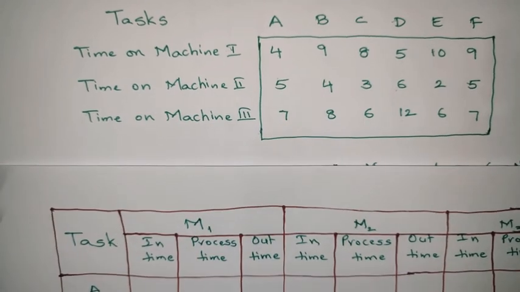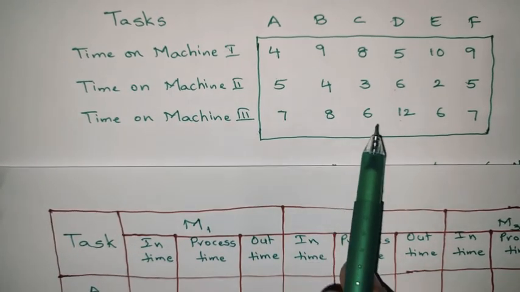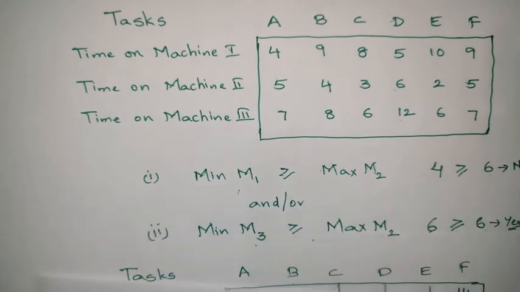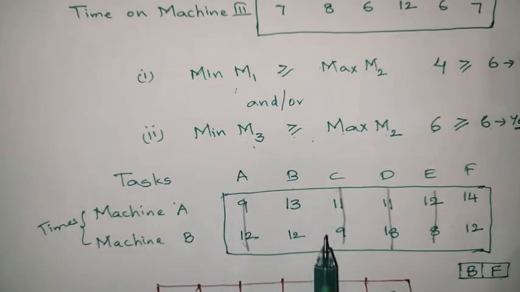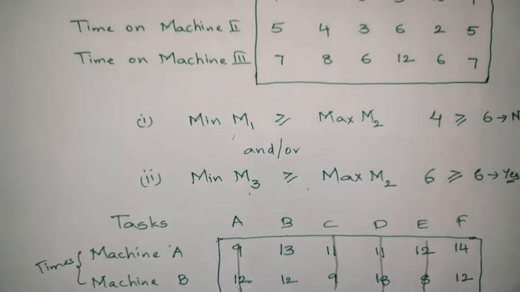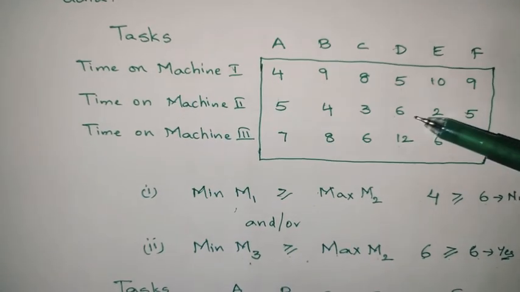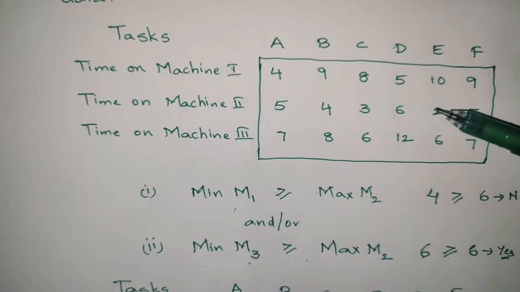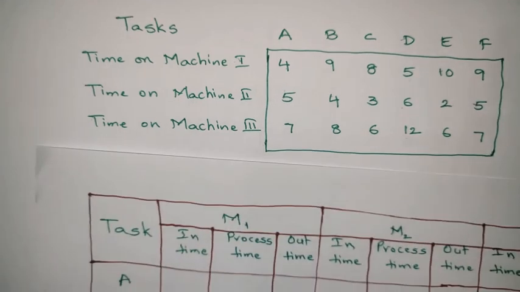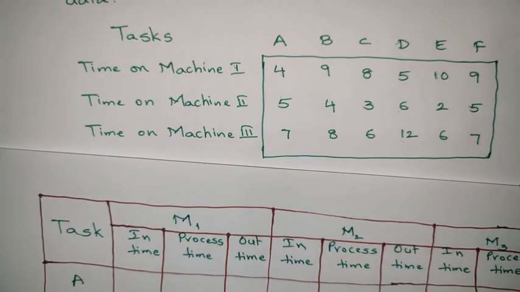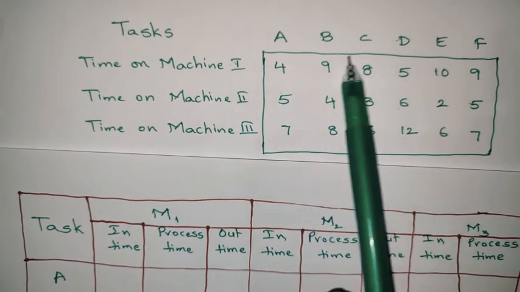It is a 3 machines problem. We will use the earlier table only to get the sequence, but in order to find the total elapsed time, we need to use the process times which are given in the question. So now write those process times for all the 6 tasks.